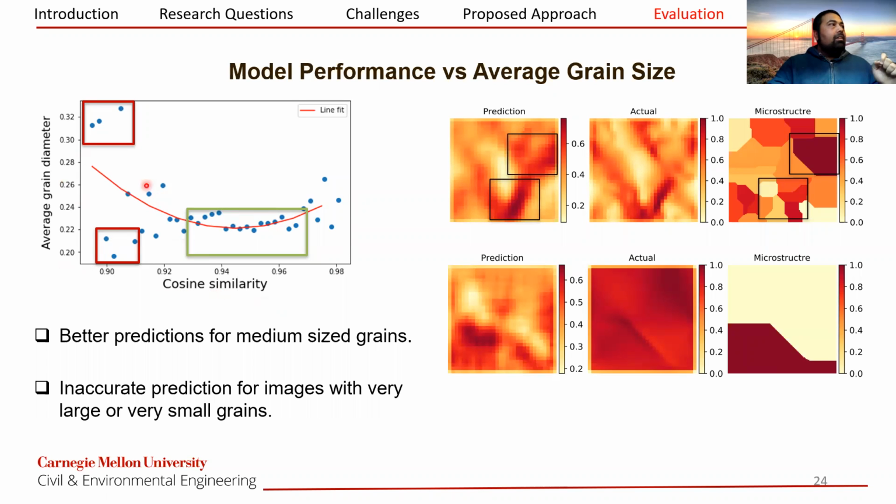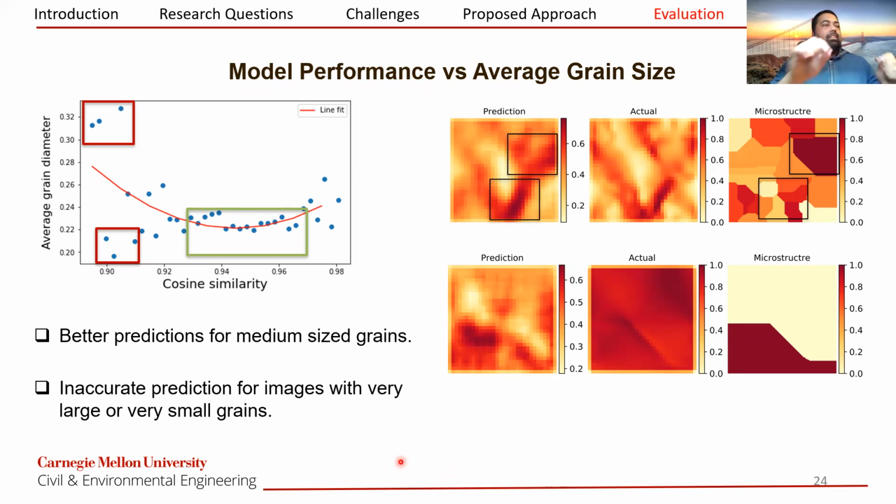What we see is that for any image which has very large grains or very small grains, the model does not perform very well, whereas in the medium range it performs relatively better. You can see a similar observation here, where in these regions the prediction is much better as compared to this region, where there is a large grain and the prediction is not good.